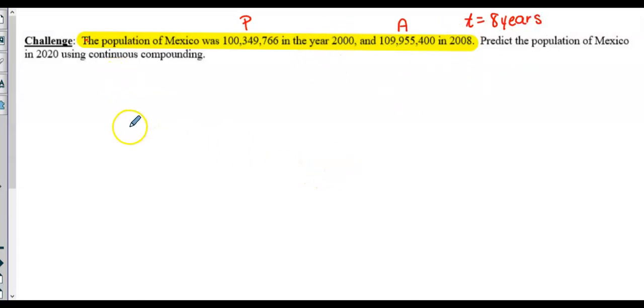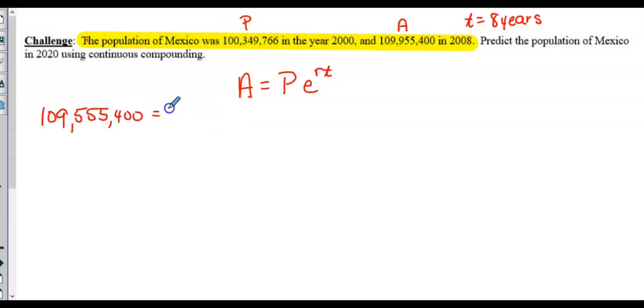It's talking about using continuous compounding, so I know I'm going to use that formula that has the E in it. And the formula is A equals P times E to the RT. So my ending amount, I'm going to do this over here so I can save a little room, was 109,555,400.